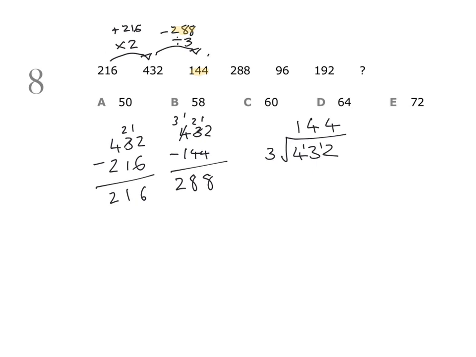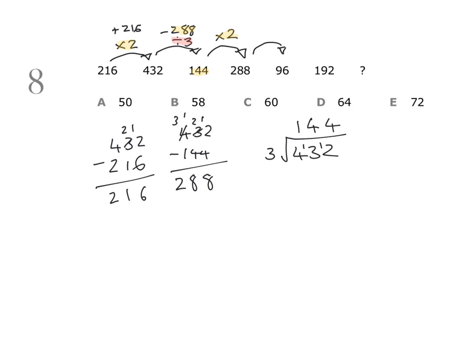And then to get from 144 to 288, we're multiplying by 2, aren't we? And then to get from 288 to 96, we do seem to have a pattern developing because we have multiplied by 2 and multiplied by 2, and then in between we have divide by 3.